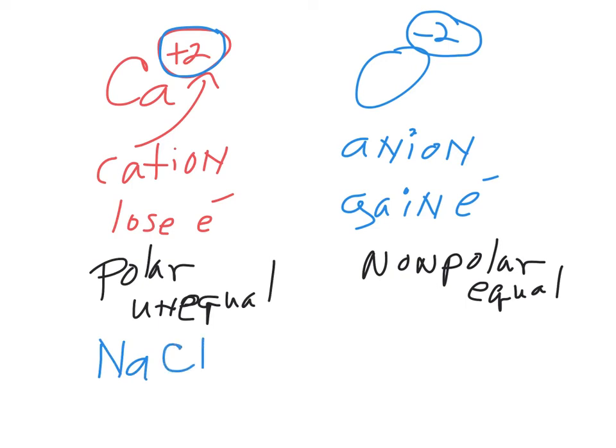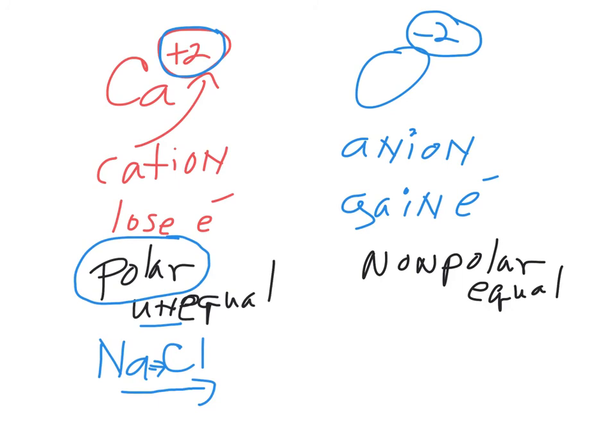Chlorine actually has a larger electronegativity, so the compound is going to be pulling in that direction. Okay, so chlorine has a stronger pull than sodium, so it's going to be dragging sodium, especially after it transferred its electron. So this would be a polar bond because it's unequal.